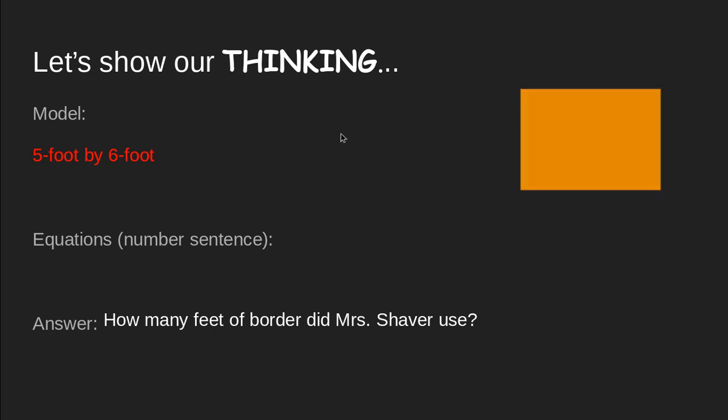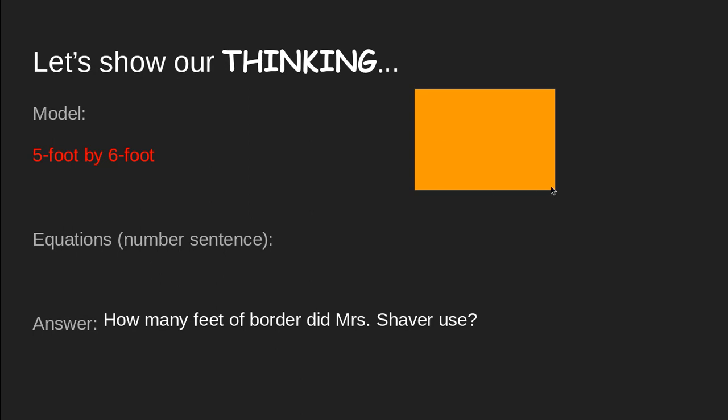And so here we have my rectangular model of the bulletin board. I am going to label, because labeling helps us visualize what scenario we have. And here we label 5 feet, very close to a square.